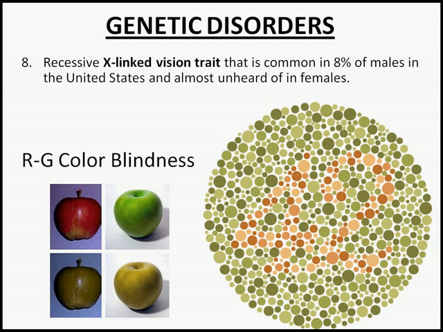The two apples up on top on the left are normal, so that's a person with normal vision, and a red-green color blind person would see those same apples pretty much like a yellowish color. A person without red-green color blindness can look at this image and see the number 42 inside. A person with red-green color blindness cannot see those numbers. It's just a blur, kind of a grayish brown.